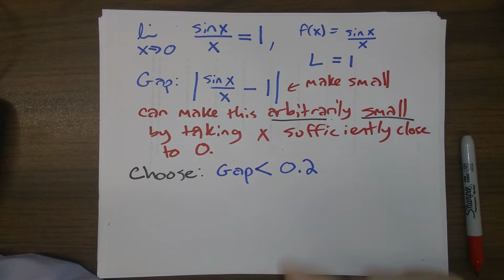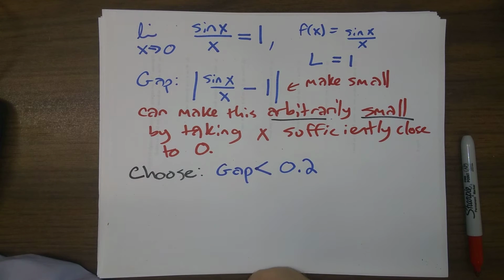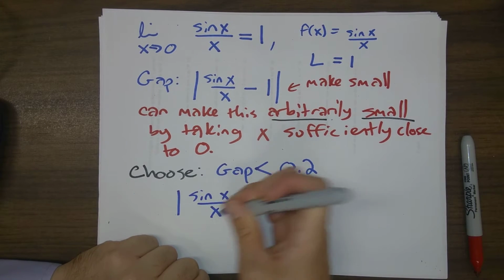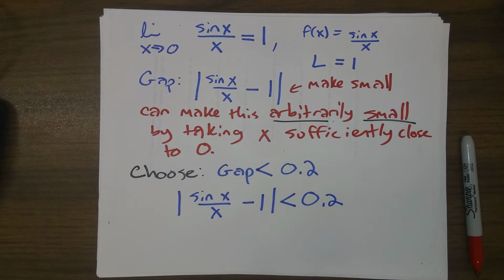Arbitrarily small, I can have any choice that I want to. Right now I'm choosing that I want the absolute value of sine x over x minus 1 to be less than 0.2.